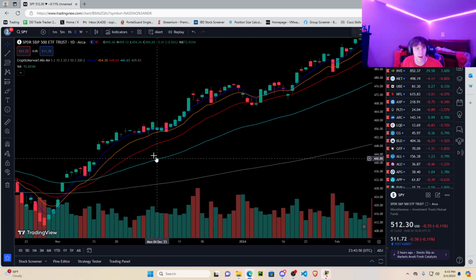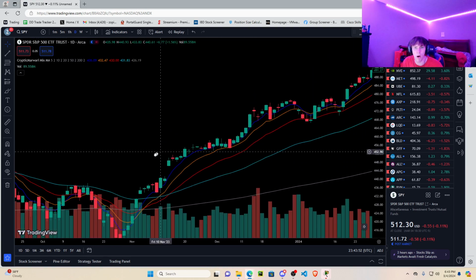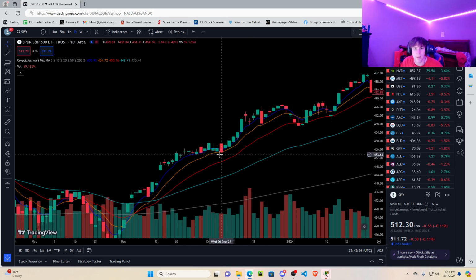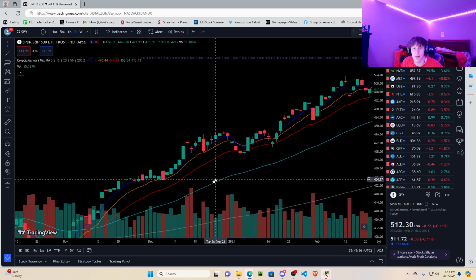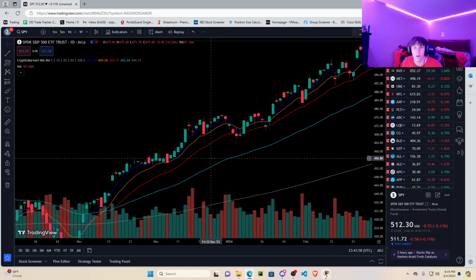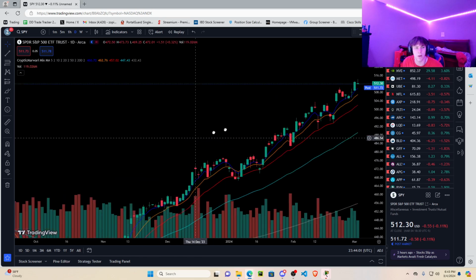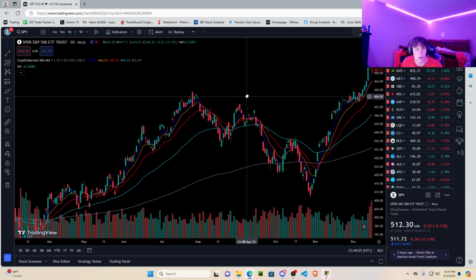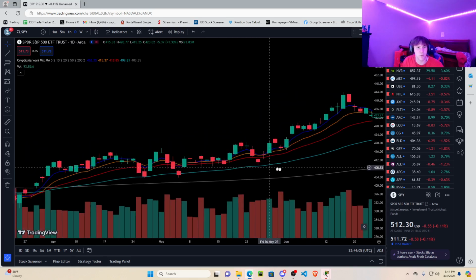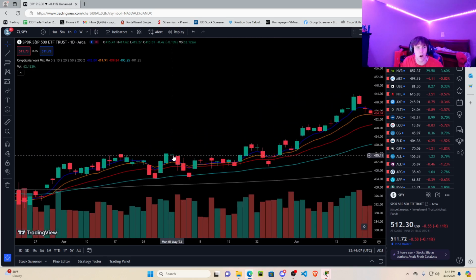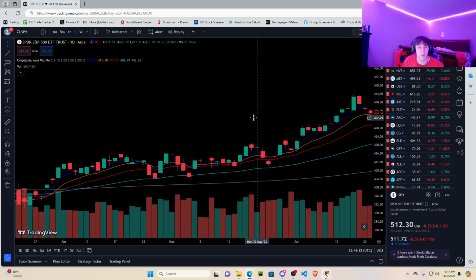For more context, let's find one right here. So this bar right here, guys, as you see, it opens and closes relatively the same, but it went up throughout the day.